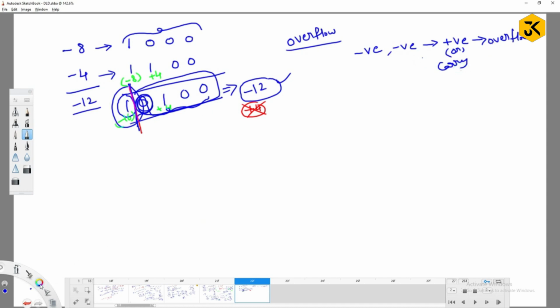So try to think of one more situation. For example, minus 6 plus 6. What is the result you have to get? 0. What is the 2's complement of minus 6?